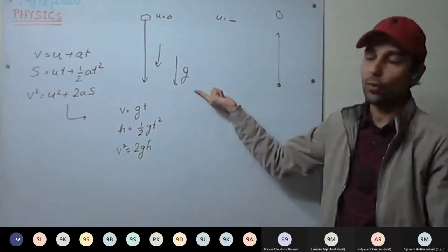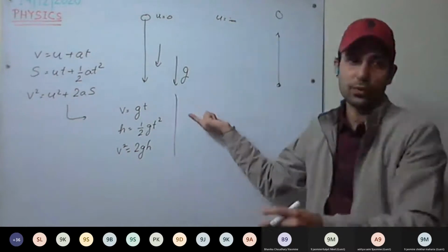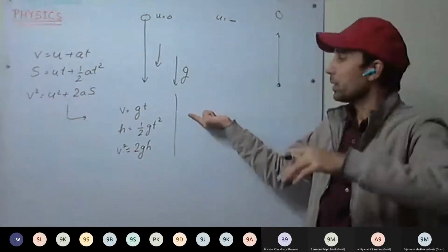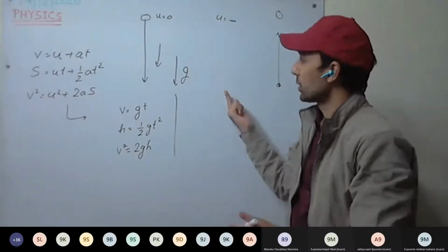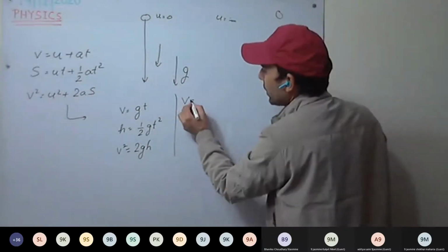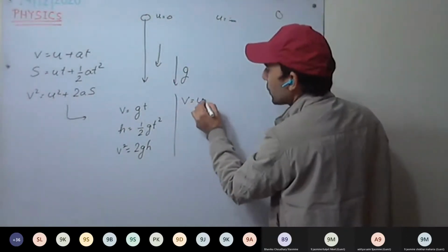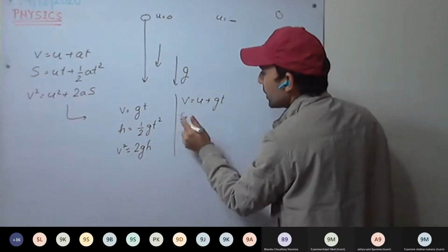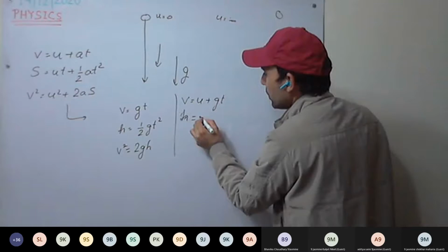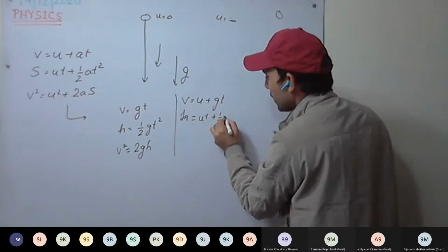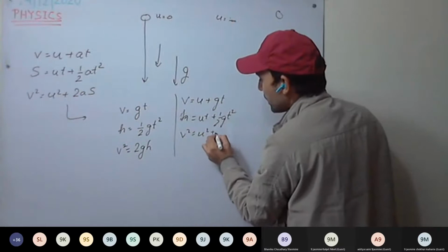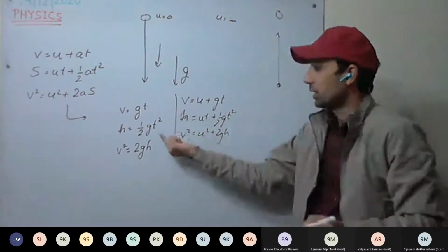Now, if it is not a free fall, rather we have thrown it with some initial velocity, then u will be there. So these three equations will be v equal to u plus gt, s or h equal to ut plus half gt square, and v square equal to u square plus 2gh.